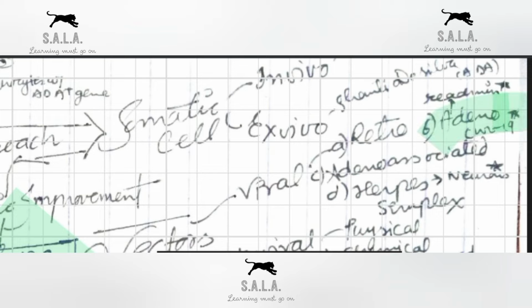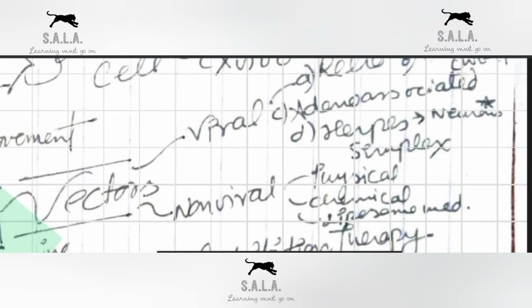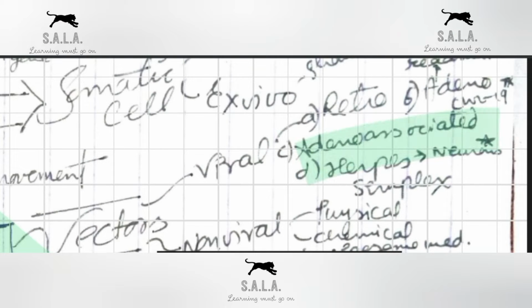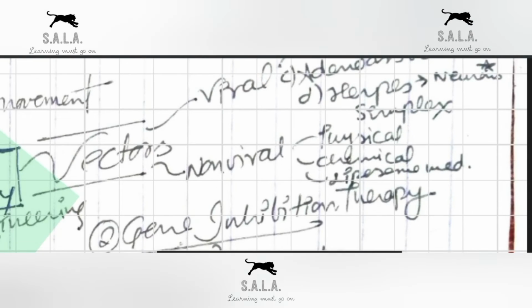You can use adenovirus, but in the case of adenovirus, there is a requirement of re-administration after a certain period of time. You can use the adeno-associated system, which is specially found on chromosome 19 in humans. And herpes simplex virus is also used. This is a double-stranded DNA vector, and is mostly used for neuron delivery.